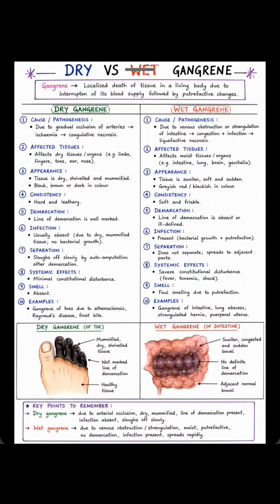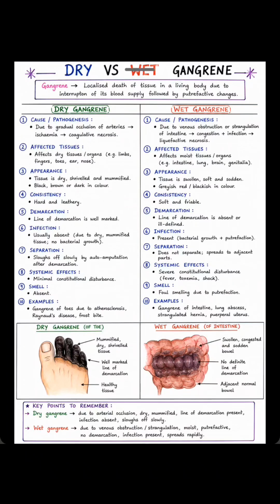Appearance of dry gangrene: dry, shriveled, mummified, black brown, and wet gangrene: swollen, soft, sodden, grayish red or blackish. Consistency of dry gangrene: hard and leathery, and wet gangrene: soft and friable.